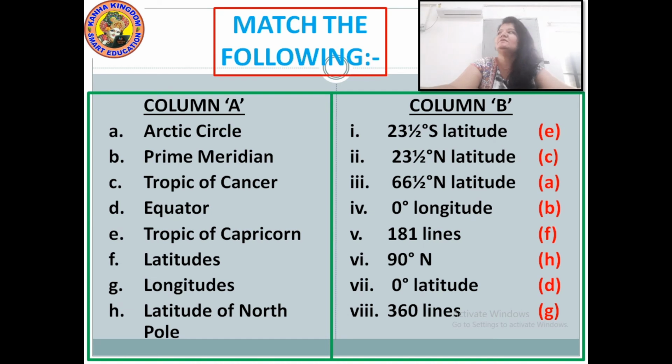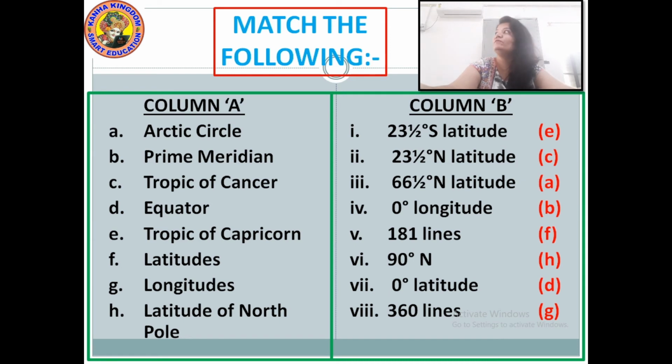Column B, number 1 is 23.5 degree south latitude. Number 2, 23.5 degree N latitude. Number 3, 66.5 degree N latitude.